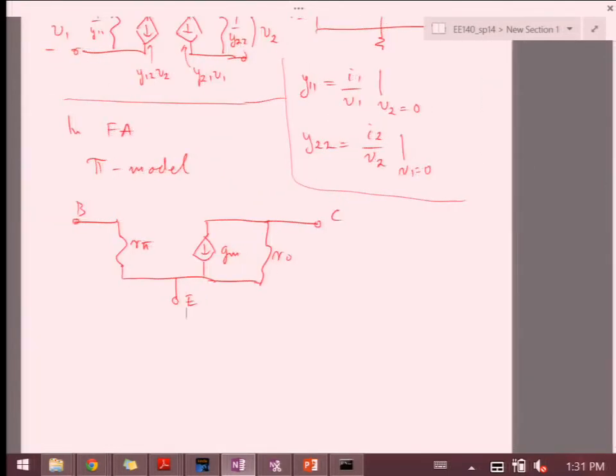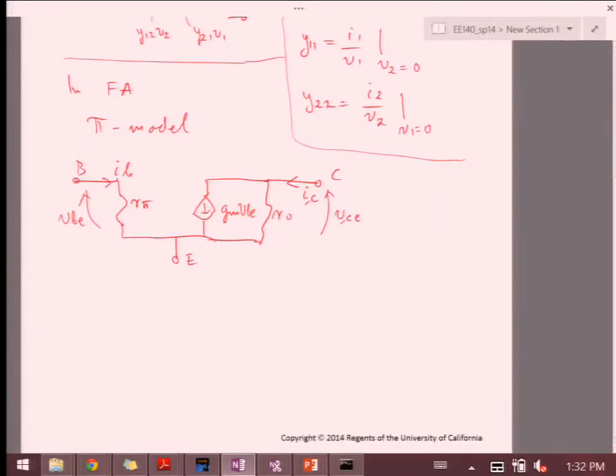Okay? And then this voltage will be VBE, and that voltage will control this current over here through GM VBE. Now this current will be IC, and this voltage VCE, and this will be I base. Okay.